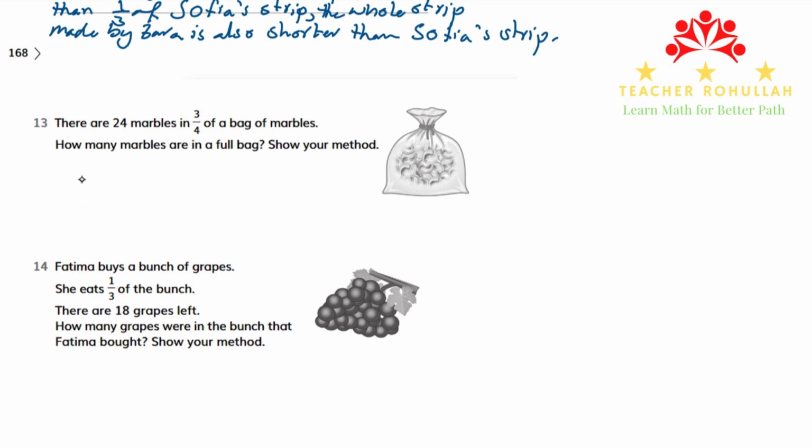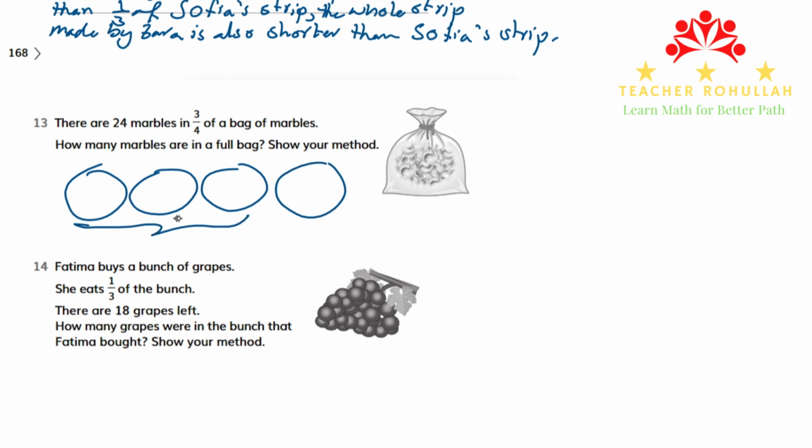So for 3/4, we can have 4 separate groups. This is showing 3/4 of the whole marbles. You know that there are equal parts in each of these groups. So we can divide 24, and let me write here, 24 divided by 3 is equal to 8.